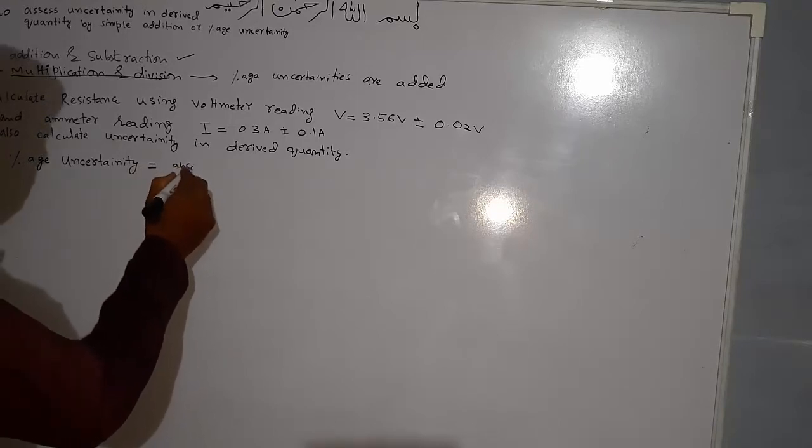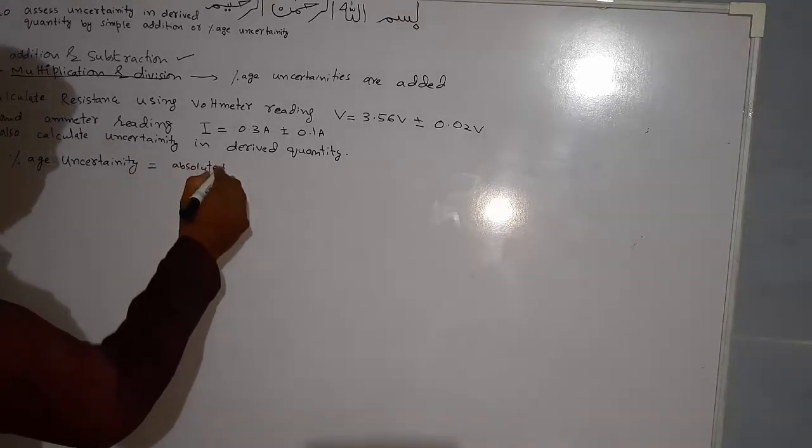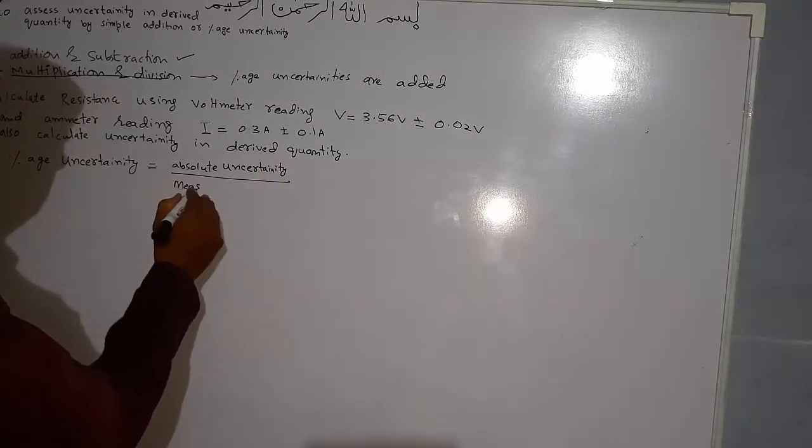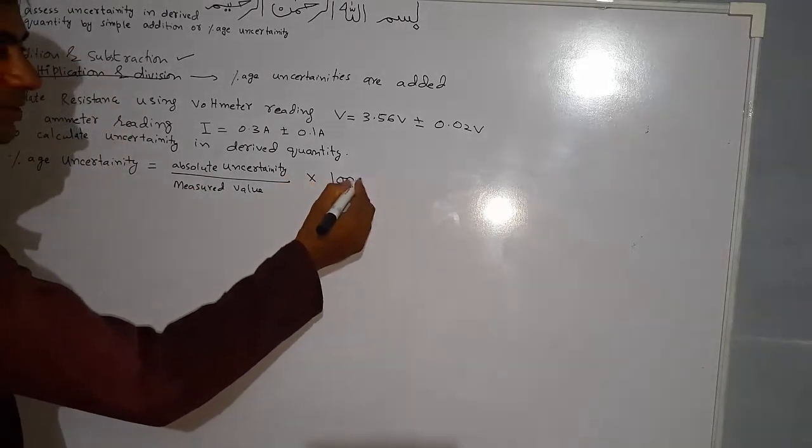Percentage uncertainty is equal to absolute uncertainty over the measured value or reading, multiplied by 100%. No doubt, you can even replace the absolute uncertainty by the least count. And for the measured value, you can also write the reading, whatever reading you have taken from the measuring instrument.